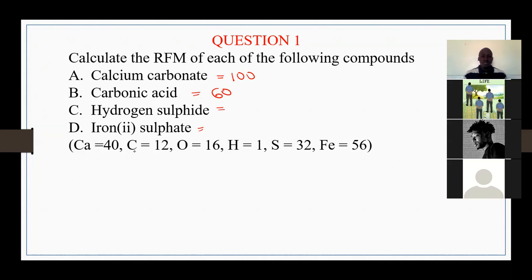Yes, Mukisa, please try out at least C and D. Those who have just joined, you can try out C and D. If you're finding a challenge, please let me know so that we can guide you. At least from this point, you should be able to write the chemical formula of each of these compounds. So B, carbonic acid, is 62.